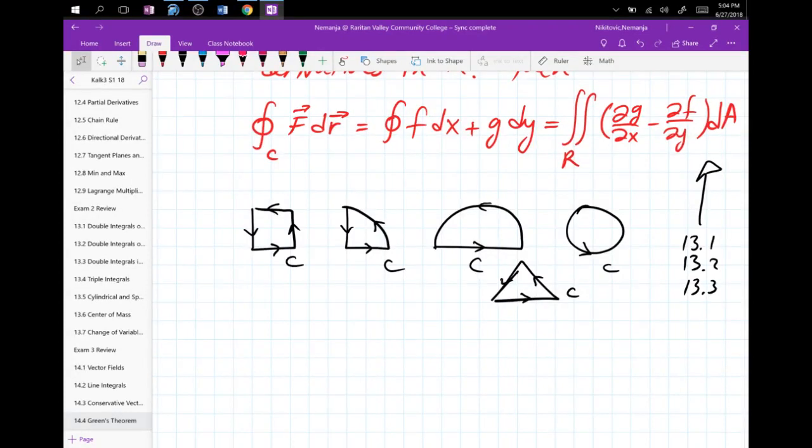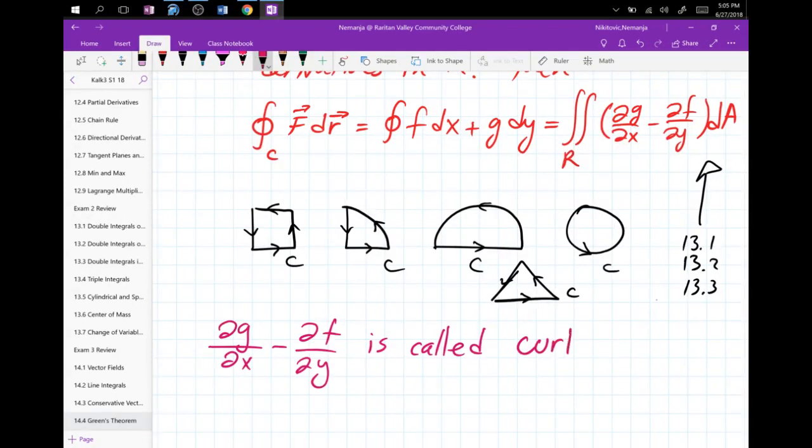So let's immediately take a look at the example. Oh, and by the way, here is also part of the definition or the theorem. The dg over dx minus df over dy is called the curl of the vector field f, which is your f, g, right?